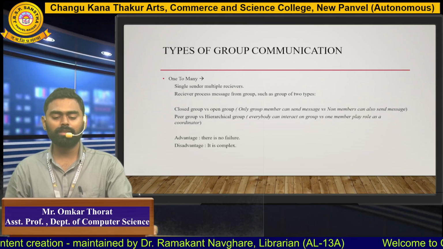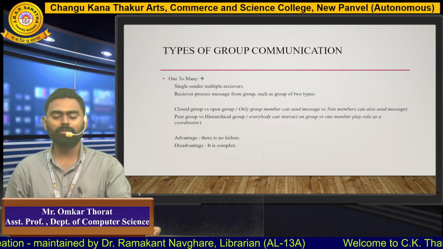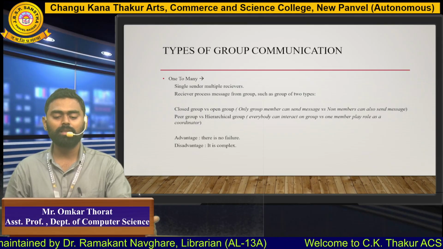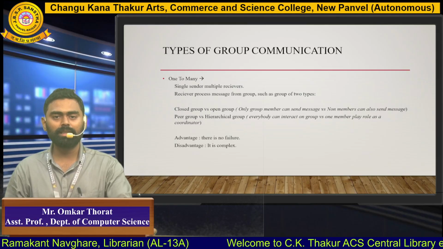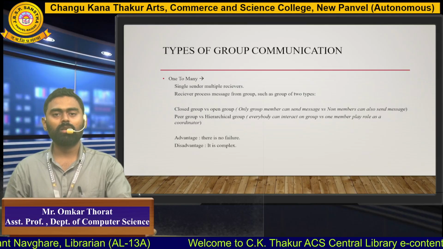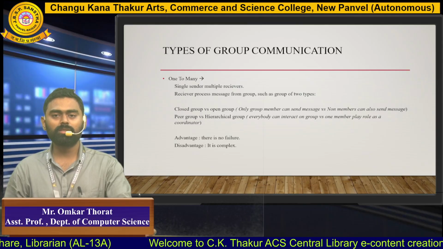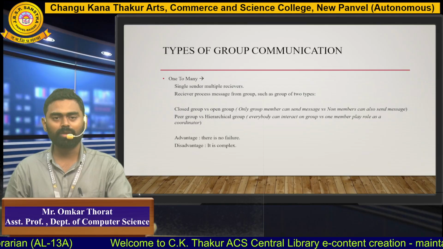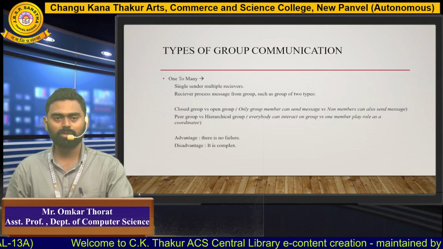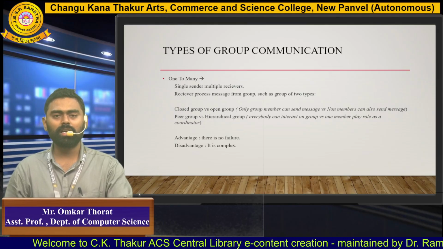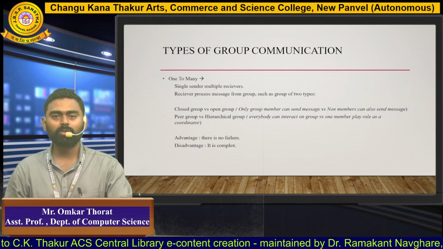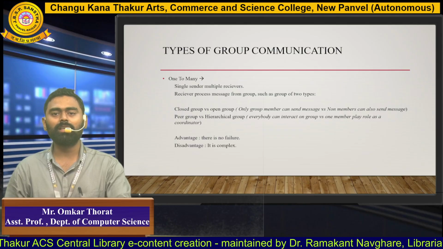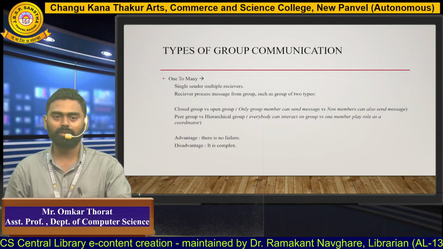So in an easy way, we can see closed group versus open group: only group members can send group messages versus non-members can also send messages. Now second one is peer group versus hierarchical group. Everybody can interact in the group versus one member plays the role of coordinator.